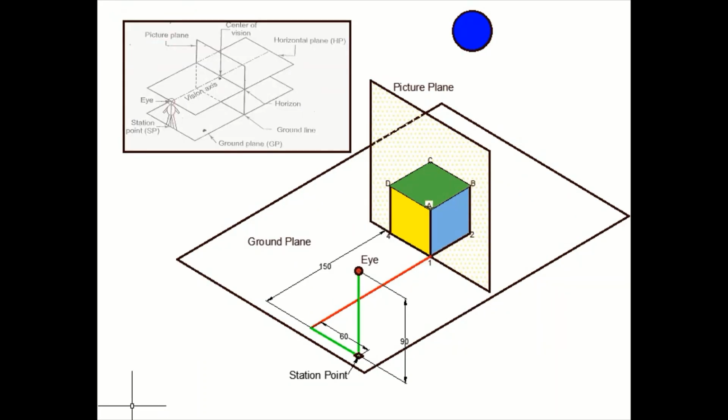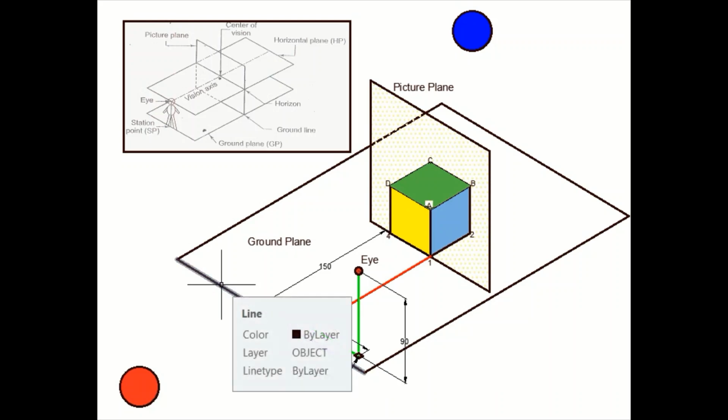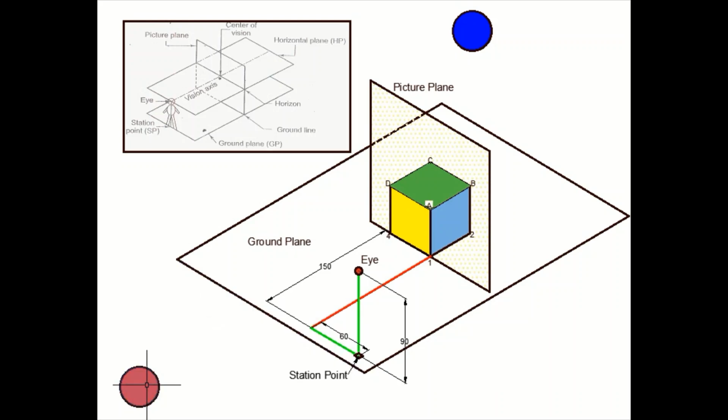In yet another scenario, if you are standing at this location, then how will you look at this scene from this location? That is, if your position is represented by this red spot here, how will you look at the different elements from this location? This ground plane will look like a horizontal line to you from this location. Now if you refer to this figure, there is another horizontal plane in this case, which is passing through the eye level of the observer.